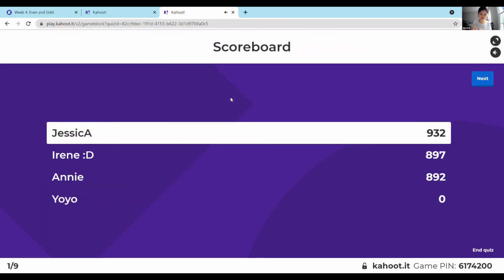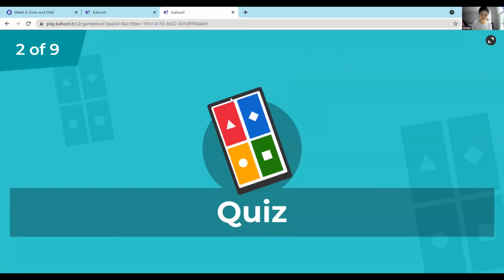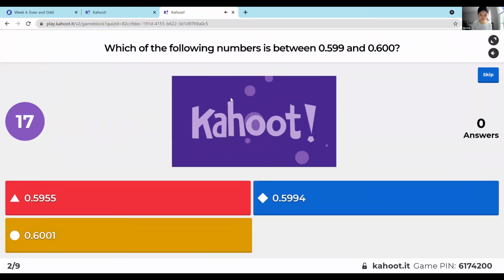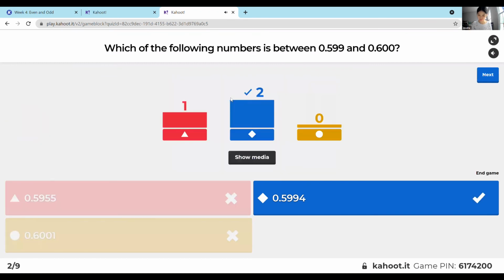Let's go. Okay, so for this question, you could test each of the numbers out.